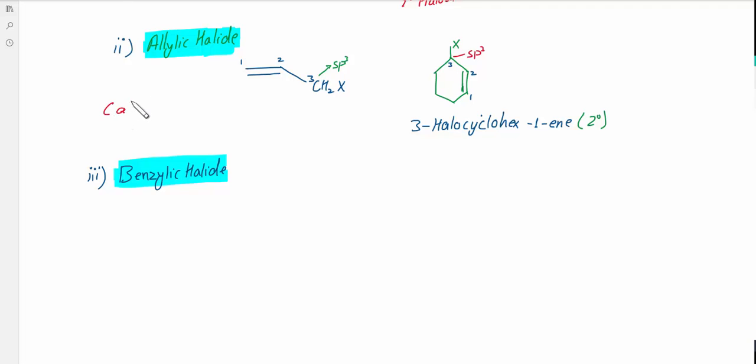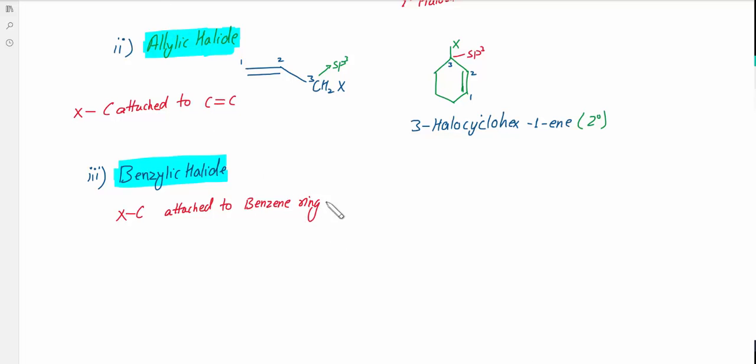Carbon, XC, attached to a carbon-carbon double bond, and here I'll say the sp3 hybrid carbon is next to an aromatic ring. The CX, that is the sp3 hybrid carbon, is attached to a benzene ring, right?